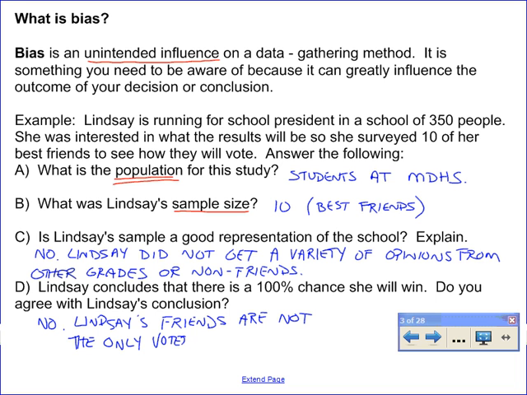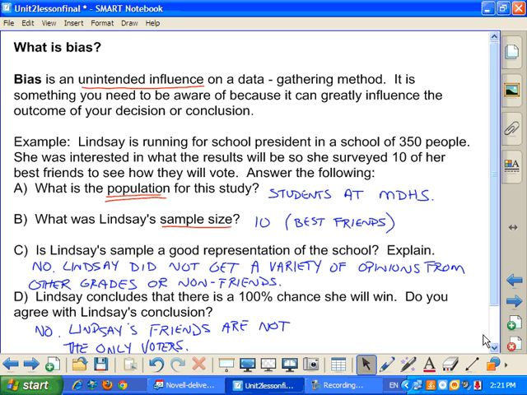So it's great that her friends are going to vote for her, but how's the rest of the population in Mitchell going to vote? Okay, so that's still up in the air. So I do not agree with it, and the reason is her friends are not the only people voting in here.